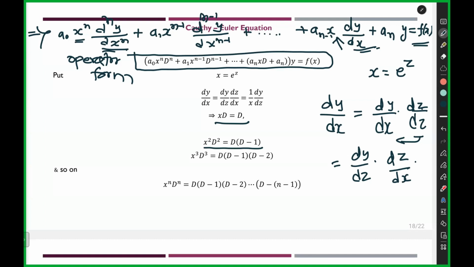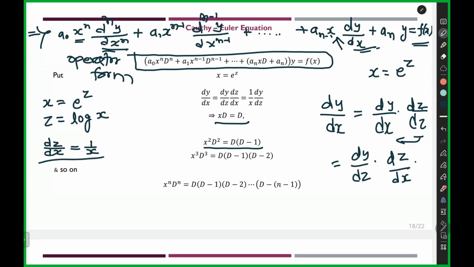So if I make a substitution of x as e to the power z, what can I write? z equals log x. If I differentiate this with respect to x, dz by dx is 1 upon x.